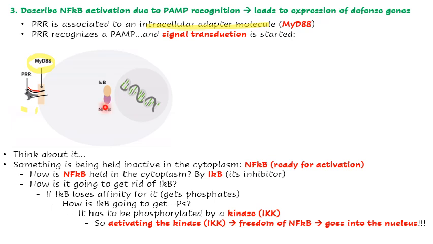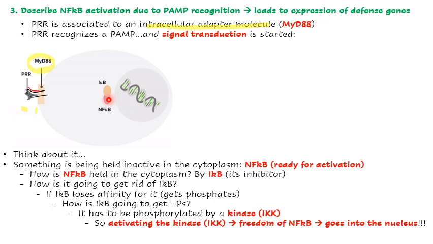Eventually, what you want to do is that you want to get a transcription factor to go into the nucleus and start making proteins that are pro-inflammatory and antiviral. Okay? So, your cells are always ready to produce some kind of pro-inflammatory cytokine, right? So, to operate some kind of these genes.